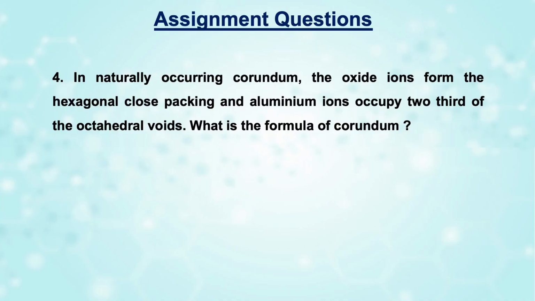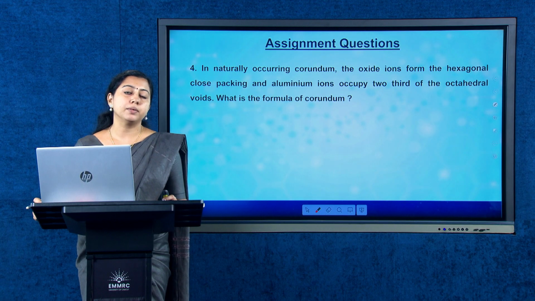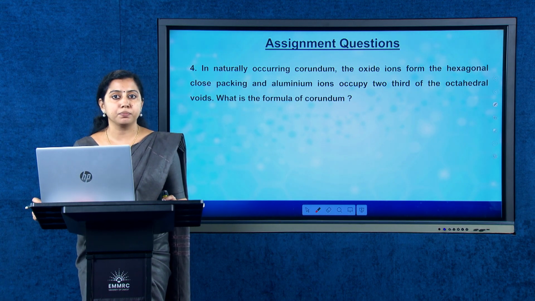In naturally occurring corundum, the oxide ions form the hexagonal close packing and aluminium ions occupy 2/3 of the octahedral voids. What is the formula of the corundum? Corundum is the oxide of aluminium. Okay.